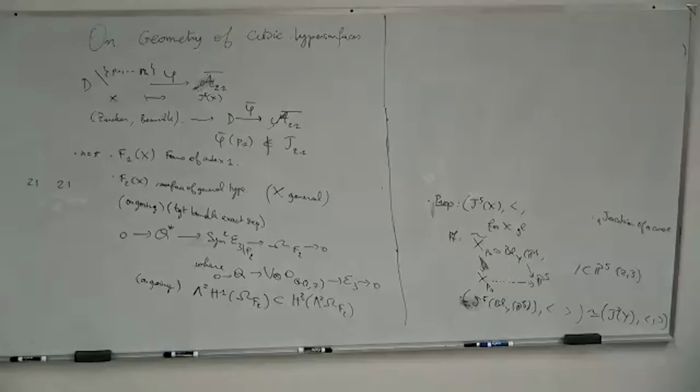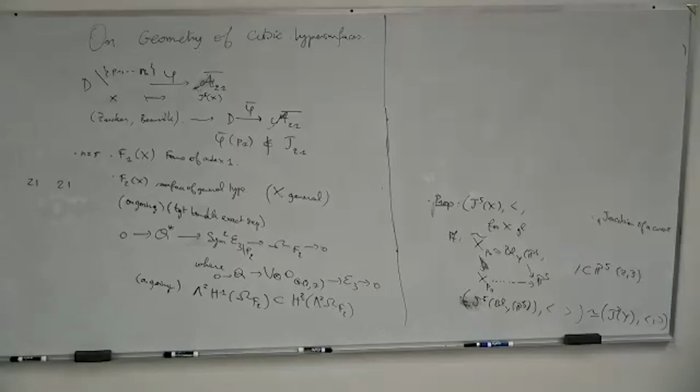But for the variety of lines, it's easy because we can look at this residue map. What we do is keep the line, recording the data about the line. So instead of going to X simply, I go to X but also record the line.